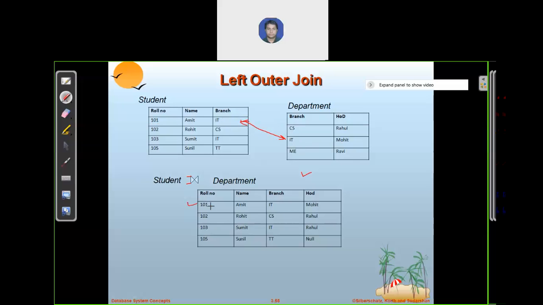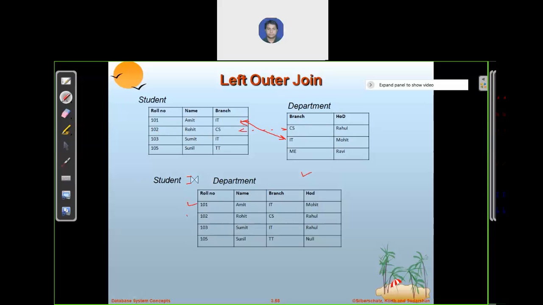So you can see the first record 101 Amit IT, and the head of the department is Mohit. The second record: take the second record and try to establish the relationship from the other relation. The second record is 102 Rohit CS. Is there any record present in the other relation? Yes, it is CS.